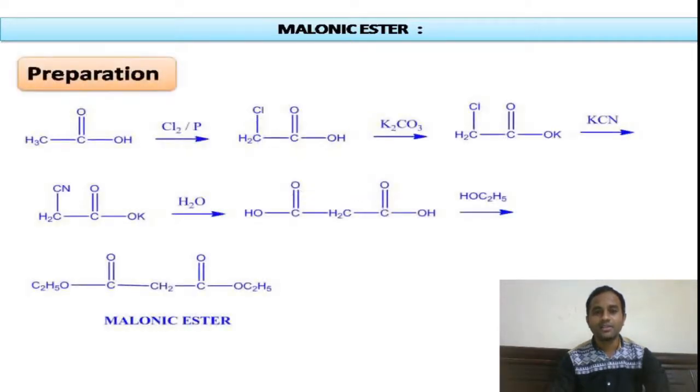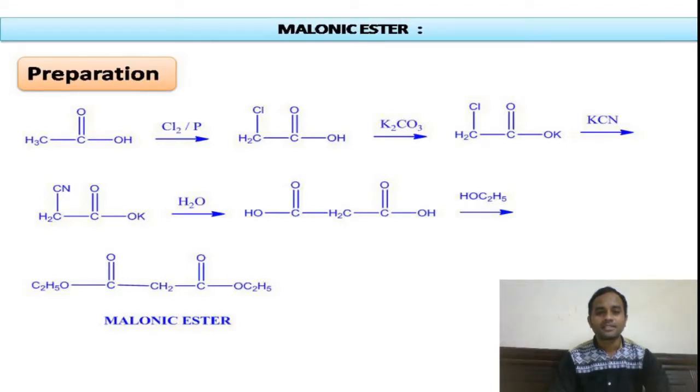And coming to the preparation of malonic ester, we can prepare it by the following series of reactions. You can see on the slide, the carboxylic acid, here we have taken acetic acid, is the starting material. This acetic acid is subjected to chlorination at the alpha carbon.